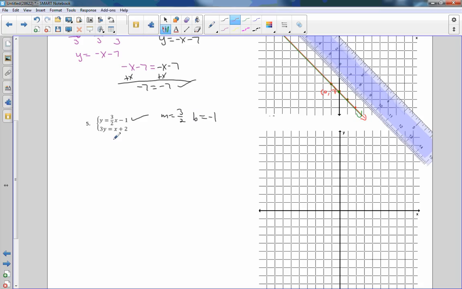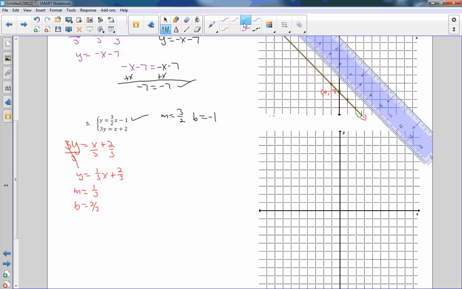So then I'm going to take this equation and solve for y by dividing both sides by 3. So this cancels, and I get y equals 1/3 x plus 2/3. So my slope is 1/3, and my y-intercept is 2/3. So obviously the slopes are different, so we're going to get a solution.